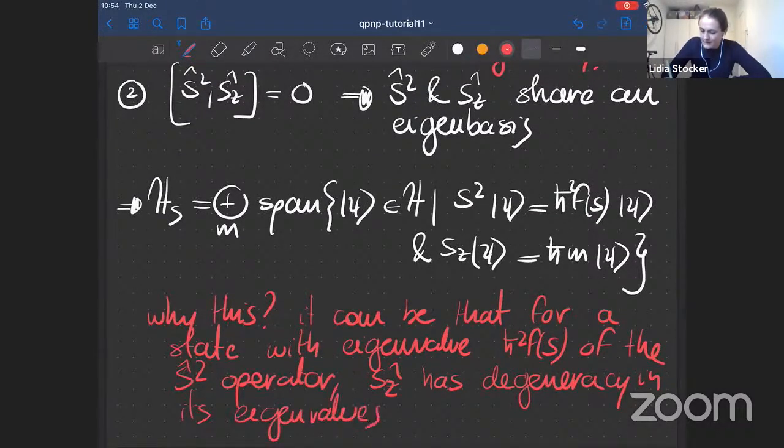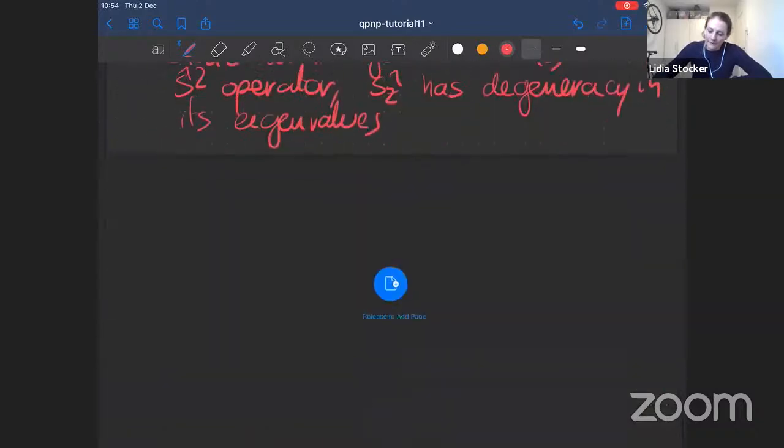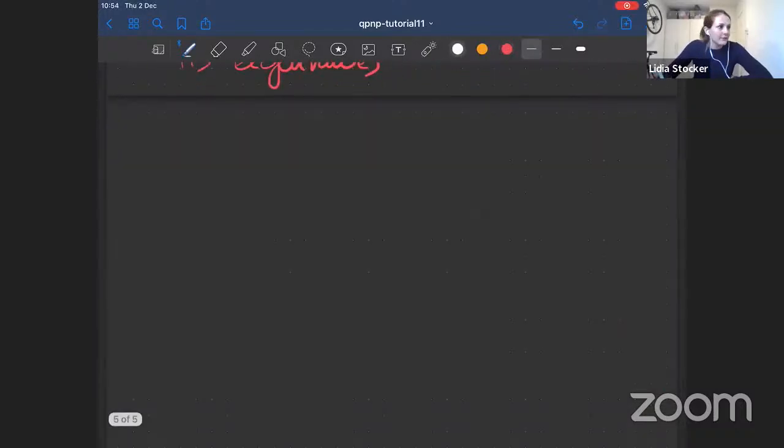So there exists more than one state which has exactly this eigenvalue of the S2 operator, but with multiple values for the SZ. What follows from here? No, this is not possible.